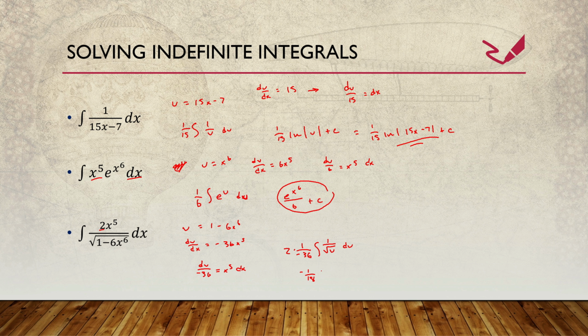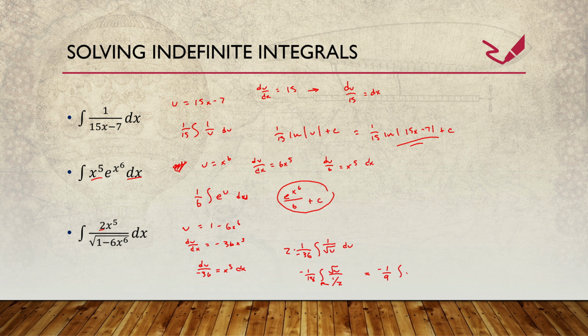And then the integral of this entire expression is going to be square root of u in the numerator all over 1/2. That's just if you simplify it even further once you solve the integral. This is the same as u to the power of 1/2 all over 1/2. So the 1/2 goes directly into the negative 1 over 18, so that turns into negative 1 over 9.